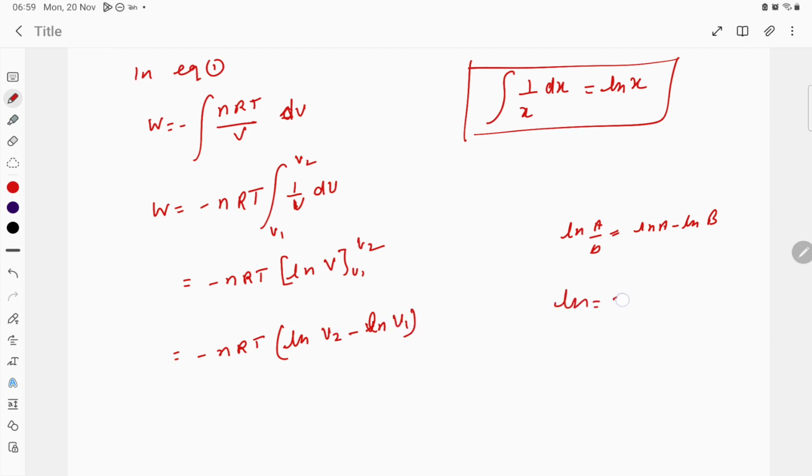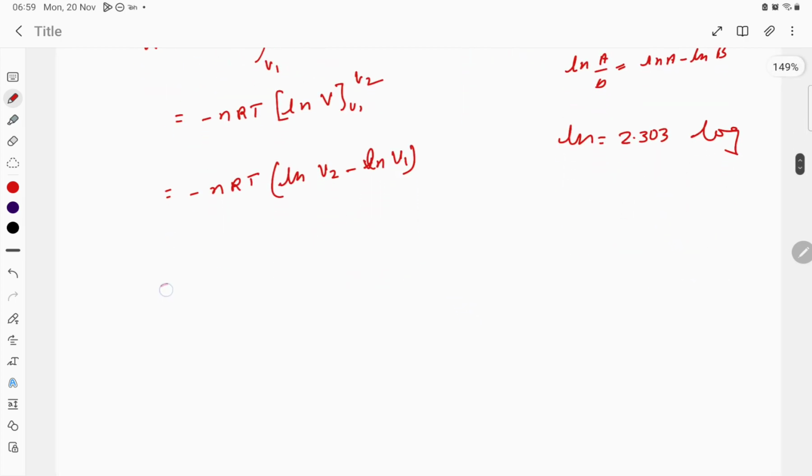What is ln? ln is equal to 2.303 log. So we are putting this value. So minus 2.303 nRT, ln V2 comes now as log V2 minus log V1.